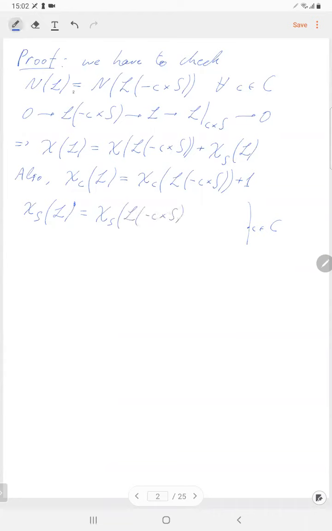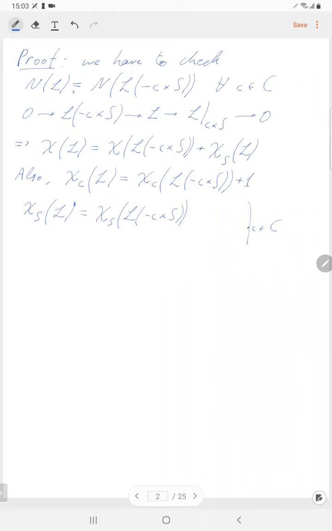Why is the point C added, and not minus C? Well, I don't know what to say. You see what's written. You have L somehow twisted by negative C times S. So if you add C times S, you get your L back.